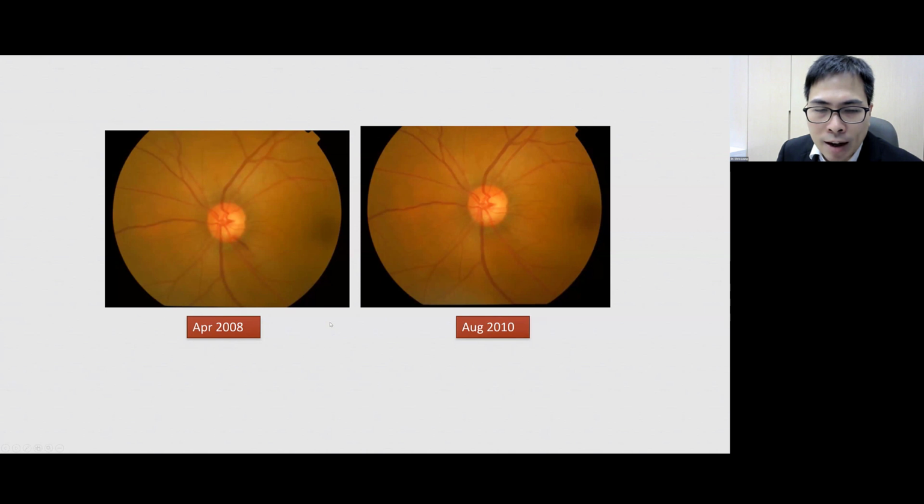Likewise, for evaluation of structural change, again, I don't know how many of you will see there is a change or there's a loss of neuroretinal rim.